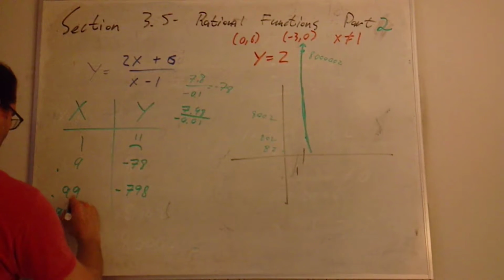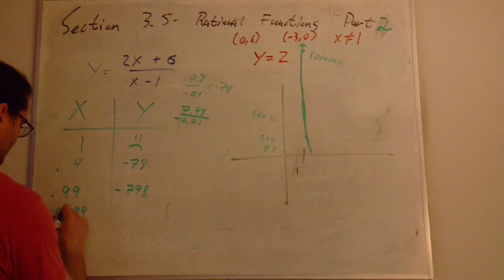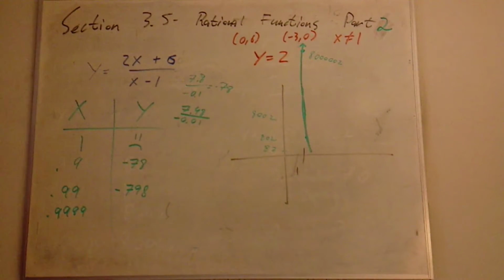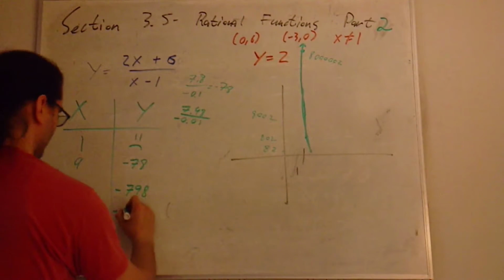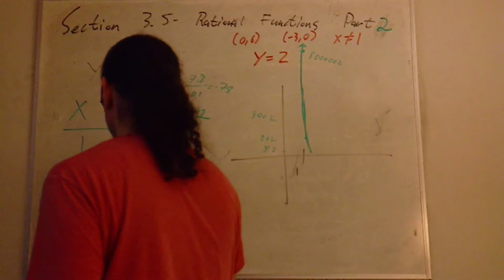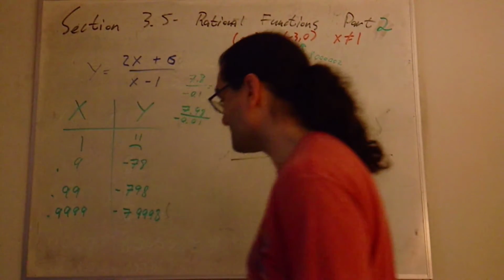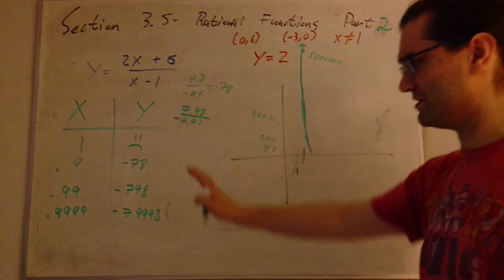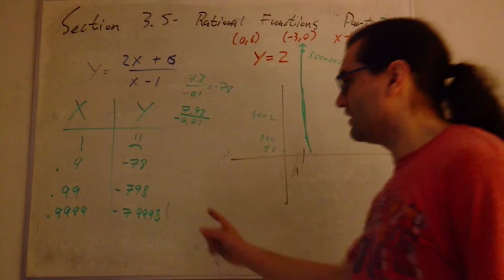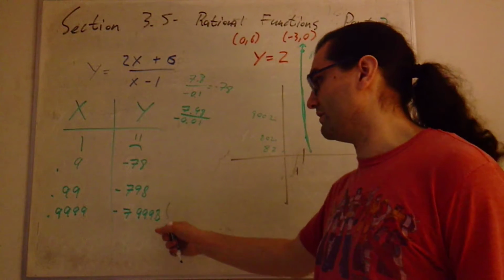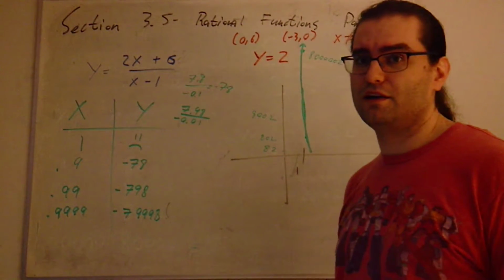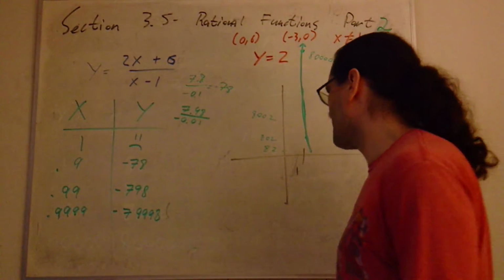I'm guessing that 0.9999, if I use 4 nines, I'm probably going to get negative 79,998. If I'm wrong about any of these, I'm kind of just guessing because I'm in a hurry. You can check this on your calculator to see if I'm wrong. You probably should.